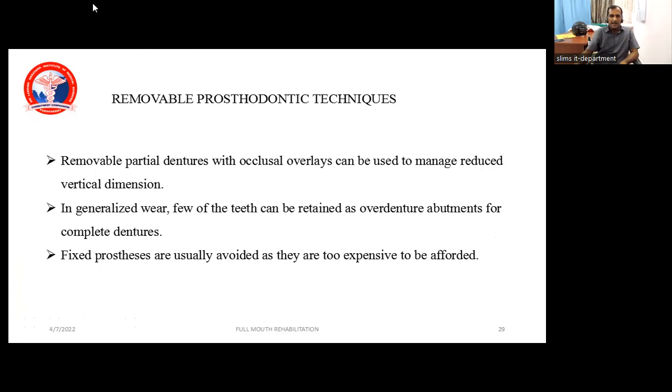That too in a generalized wear, if very few teeth are there, they can be used as an abutment for an overdenture or a complete denture. The next issue is the cost factor. Most of the removable prosthodontic techniques are not expensive, so they are readily available and very low cost. Okay.